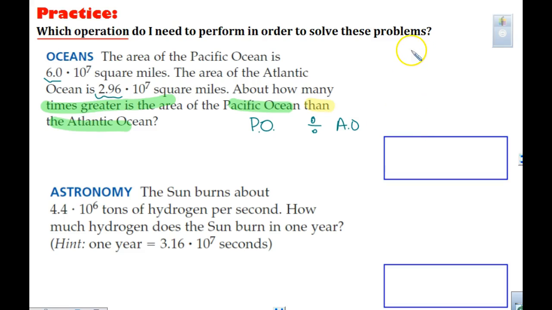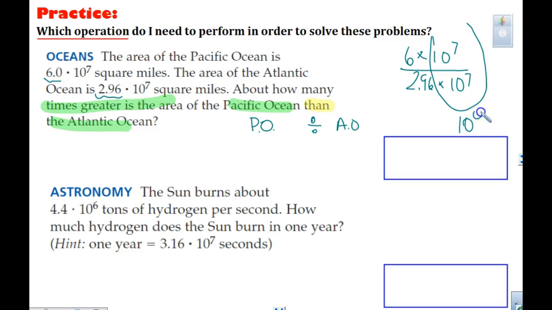So we would take 6 times 10 to the 7th divided by 2.96 times 10 to the 7th. Our exponent rules say 10 to the 7th divided by 10 to the 7th is simply going to be 10 to the 0. We're going to subtract: 7 minus 7 gives us 10 to the 0. So we are dividing is what we want to put.